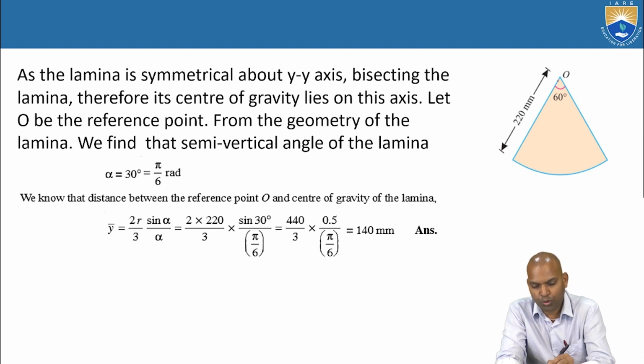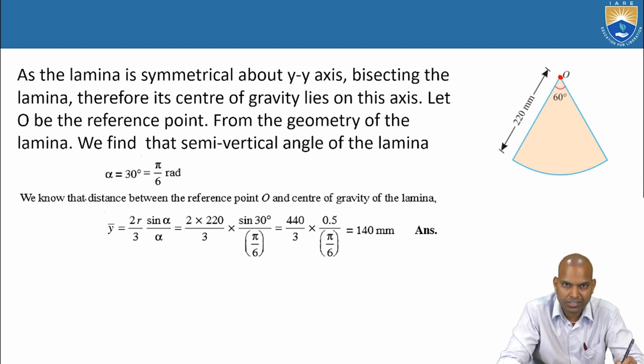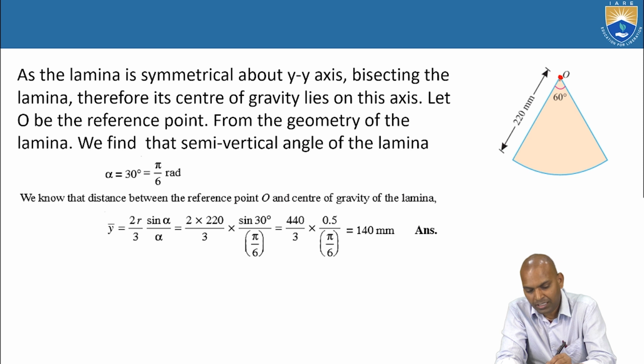Then bar y equals 2r sin alpha by 3 alpha. Here alpha should be in radians; alpha is half of theta.